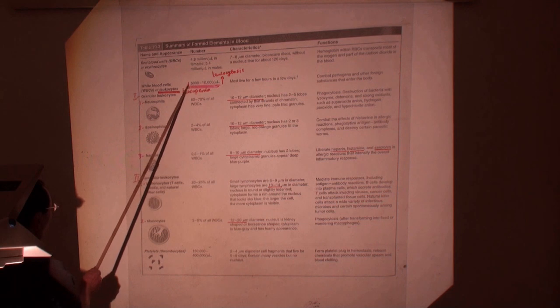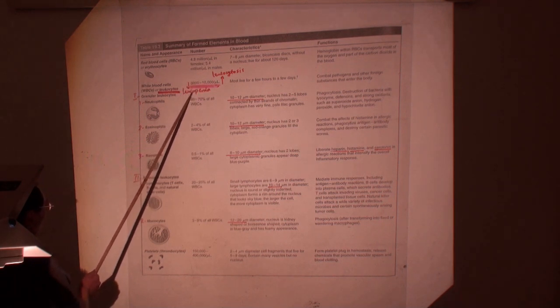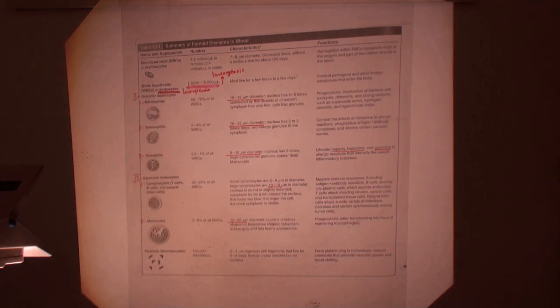Low count of white blood cells is called leukopenia. Low count means below 3,000, depending on the person, the normal range of the white blood cells in that person.